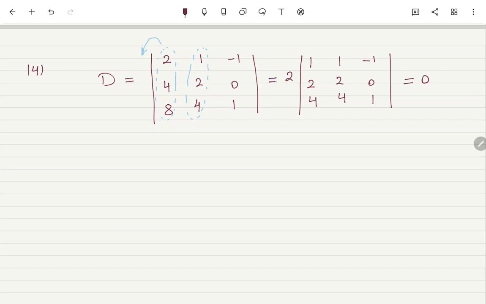As an example, by looking at this determinant here, we can see that all elements of the first column are zeros.